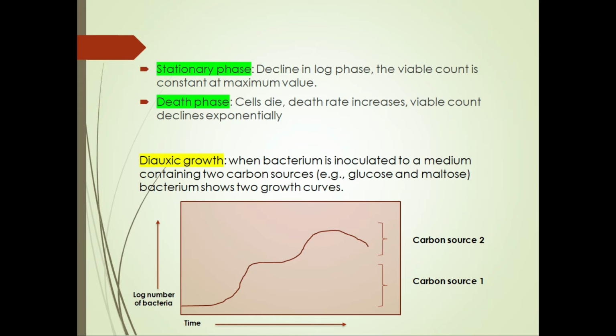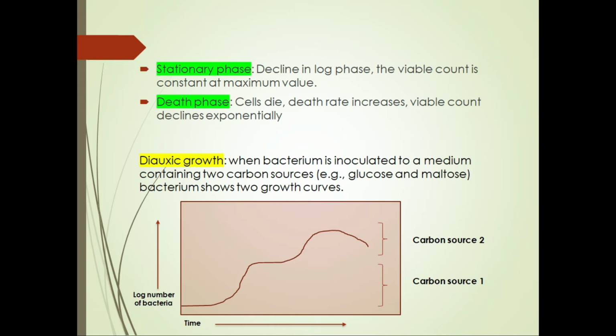So when we plot the two growth curves against time, we see the curve like this. The first curve is for carbon source 1 and the second peak is for carbon source 2.